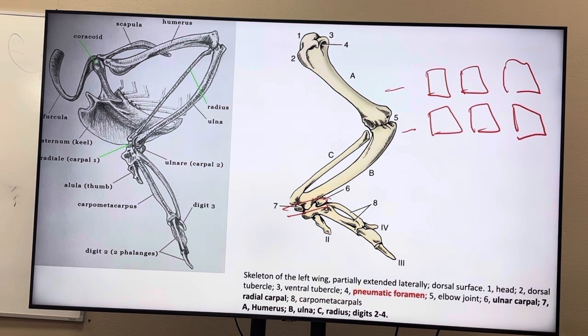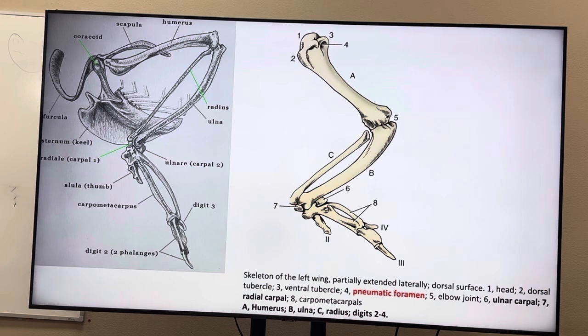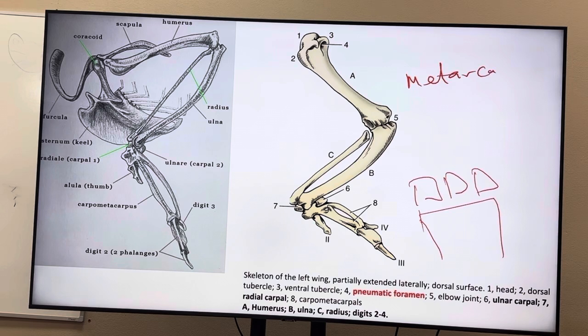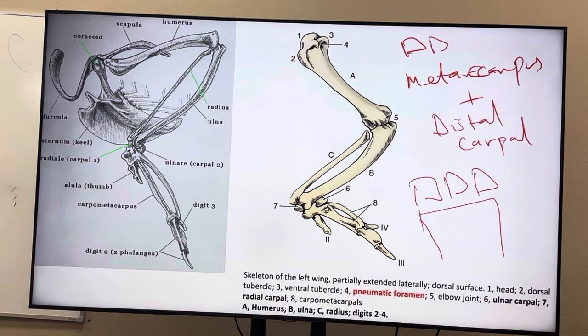So here we have fusion of the distal row of the carpal bones with the metacarpus. That is the metacarpus, fused with the distal carpal bones. So it means we are going to have only one row left.